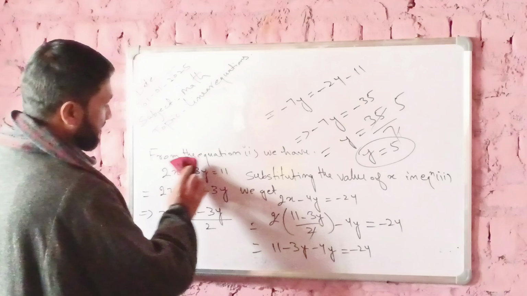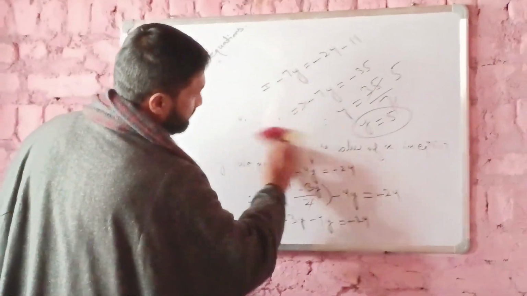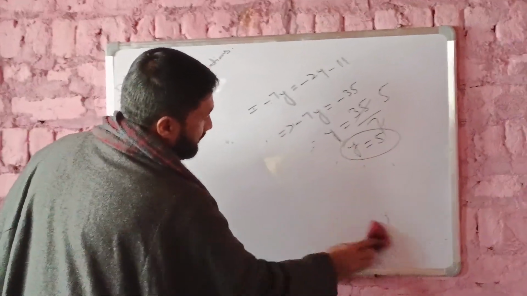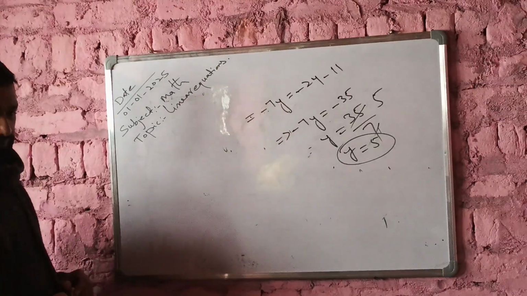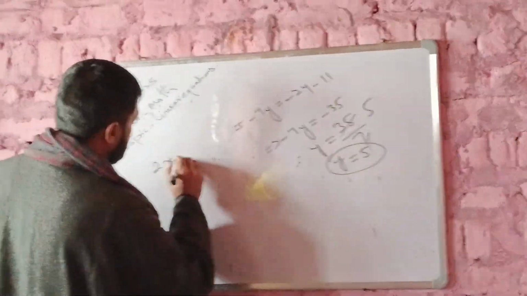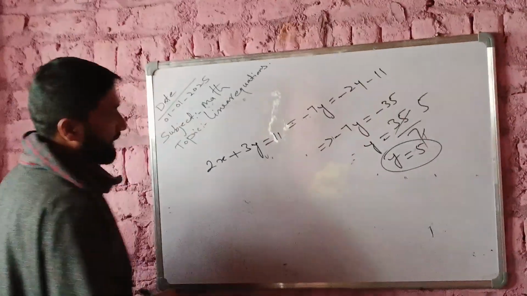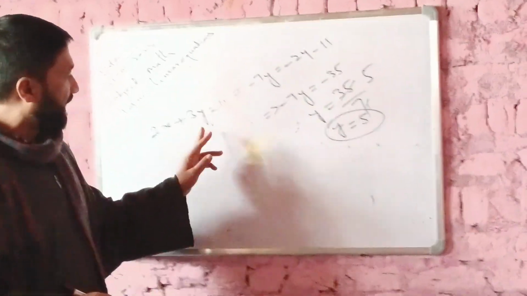Did you copy it up to here? Now, what is the equation first? Equation first, 2x plus 3y is equal to 11. Okay. Now we shall substitute this value of y here.